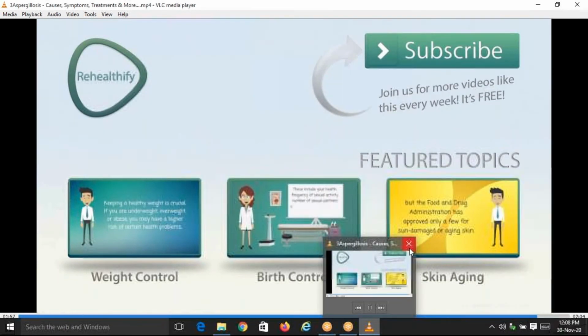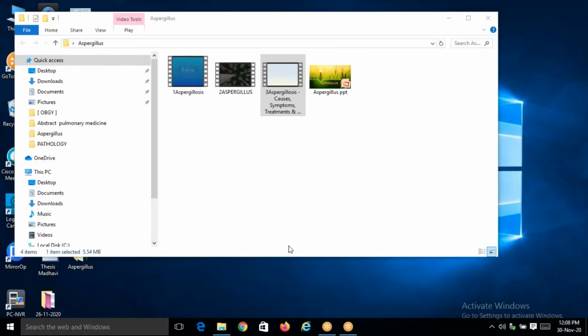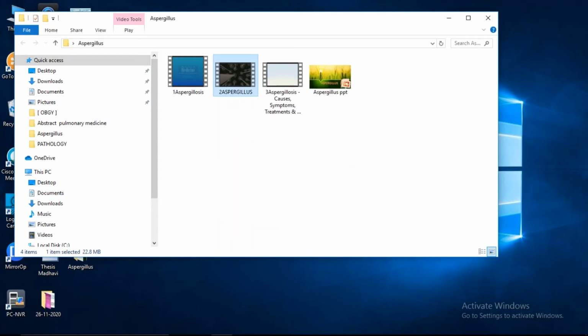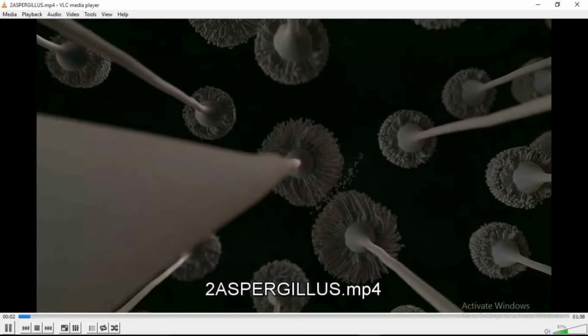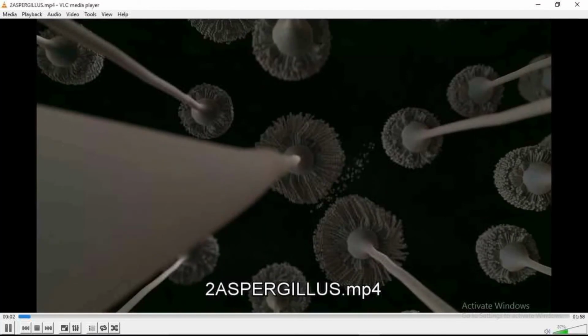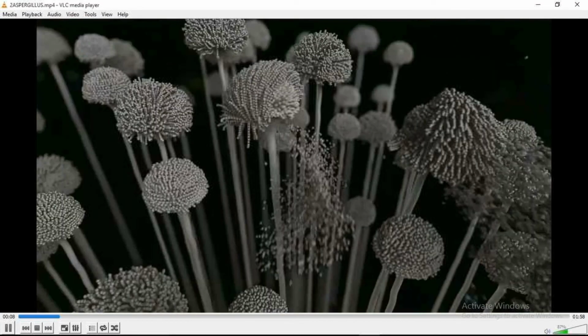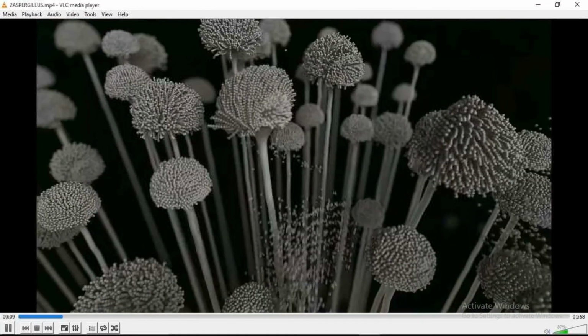So once we have discussed in the class about the conidia, the phialides, the metulae, you can understand this video better, which is why I'm playing it again, so that you will remember it. You can see very clearly the top of the phialides.